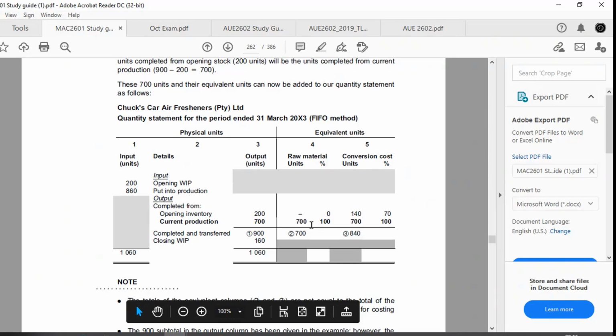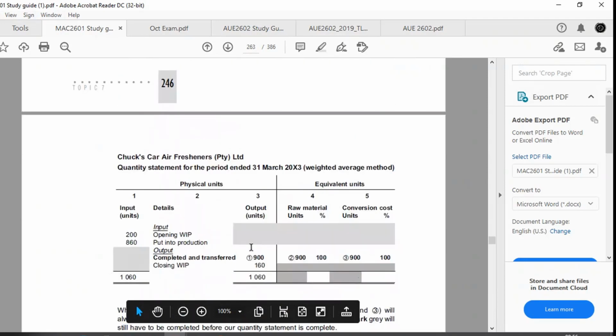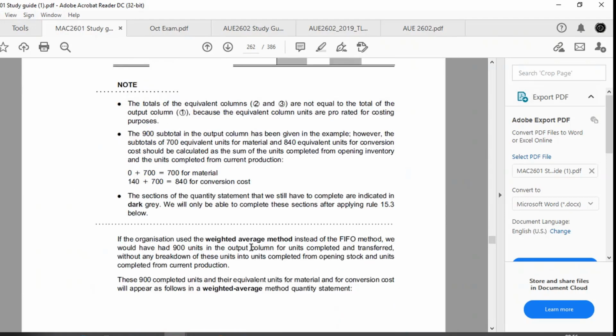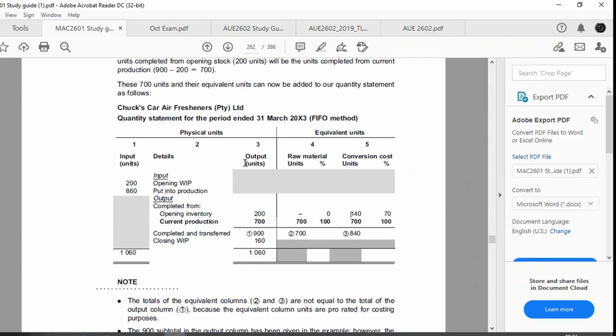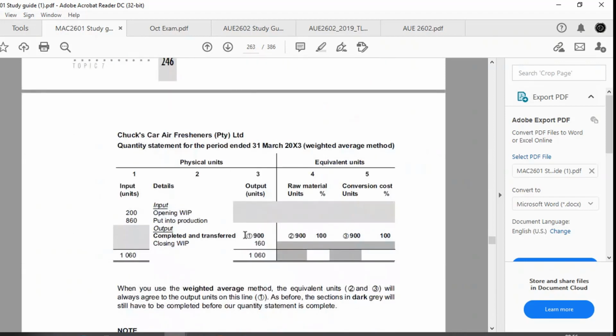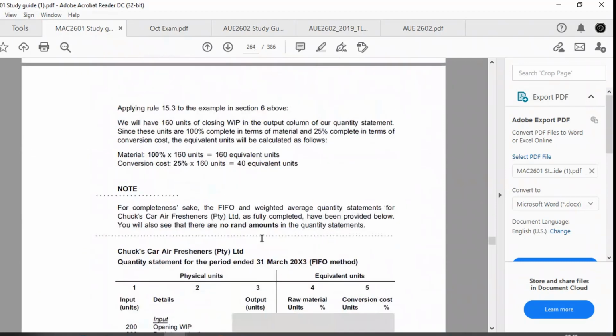Then you will show at what percentage your units are at. And yes, this is the difference. Here you're showing your output and you see you've split it between previous period and current period, whereas under weighted average, you lump them as one. That's the difference that I wanted to show you guys.